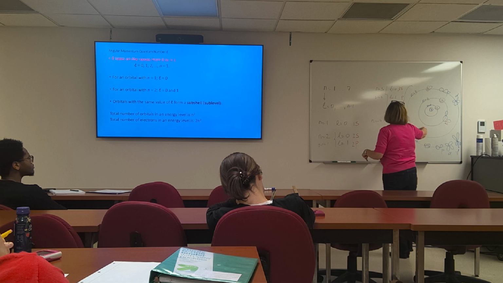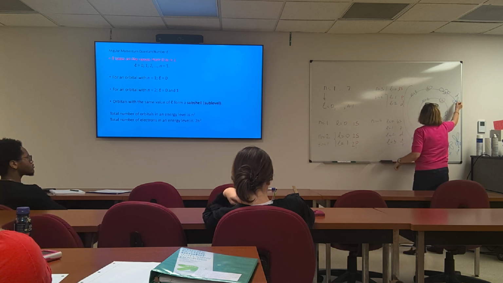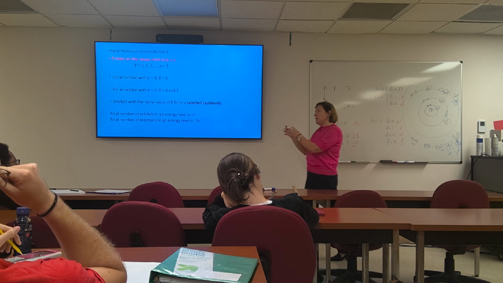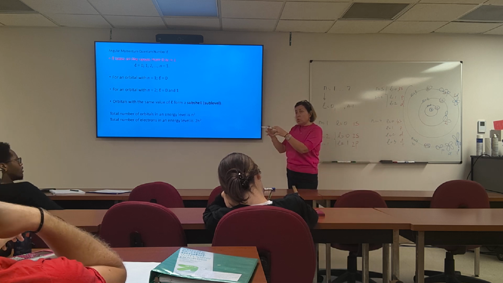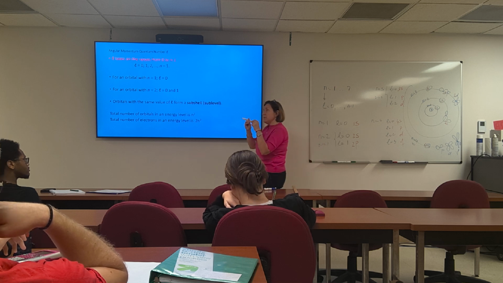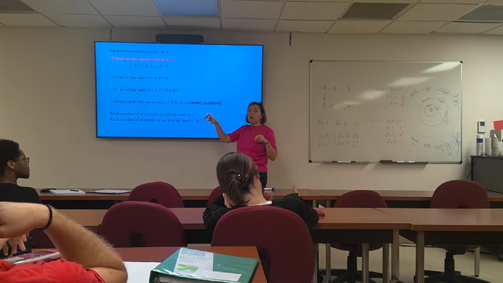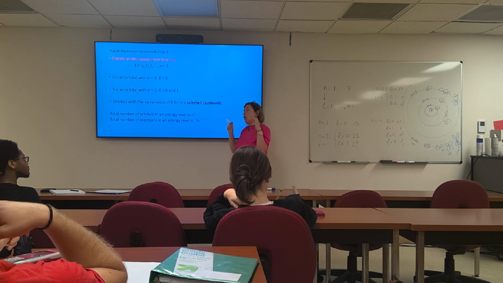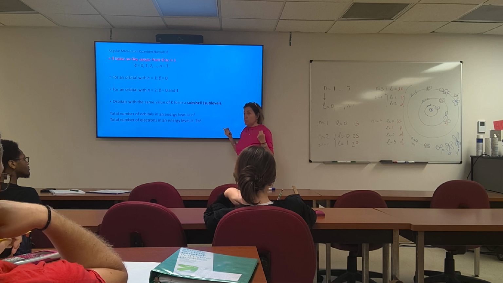On the 3rd energy level, I have 3s, 3p, and 3d types of orbitals. So 3s, 3p, and 3d sublevels. So by attaching a number in front of a letter, I'm indicating on what energy level that particular orbital is located. And that is now called a sublevel instead of just an orbital.